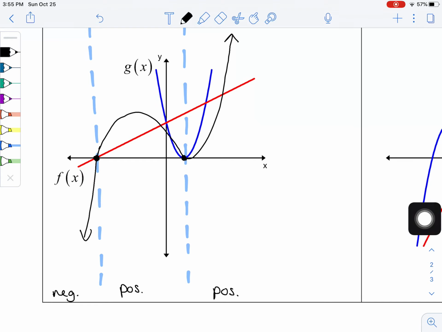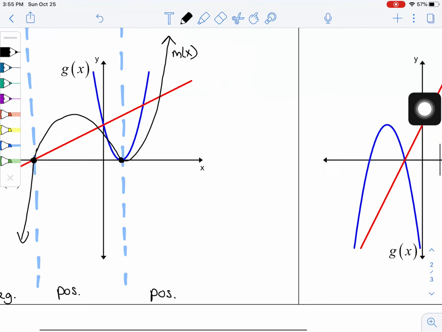So quick label, this is m of x. That is a horrible x. Let's try that again. There's m of x. Okay. So that's what happens when your quadratic function only touches the x-axis once. You just end up with two x-intercepts, which is okay. By the way, this curve, even though it only has two x-intercepts, it's still a form of a cubic function.